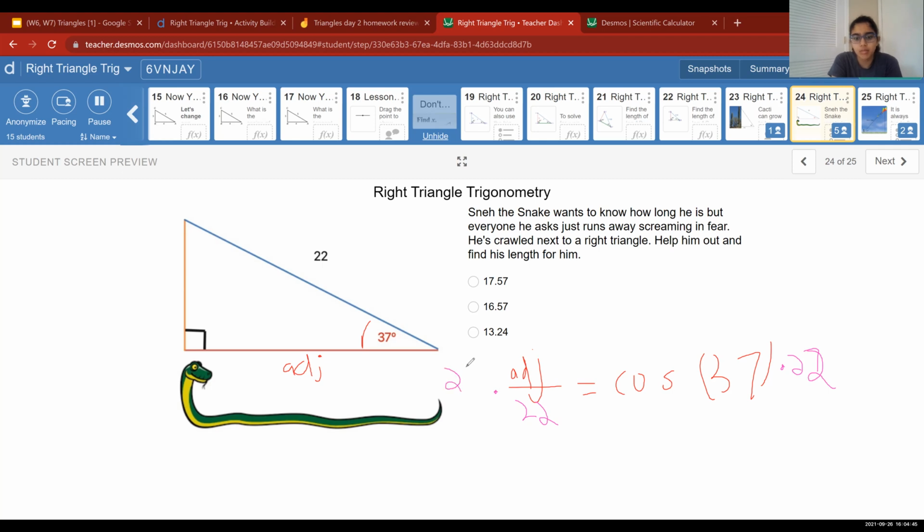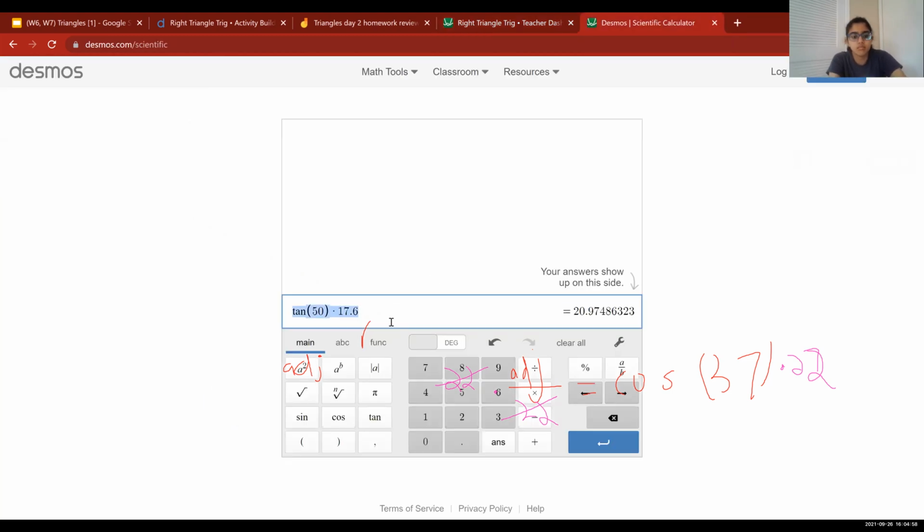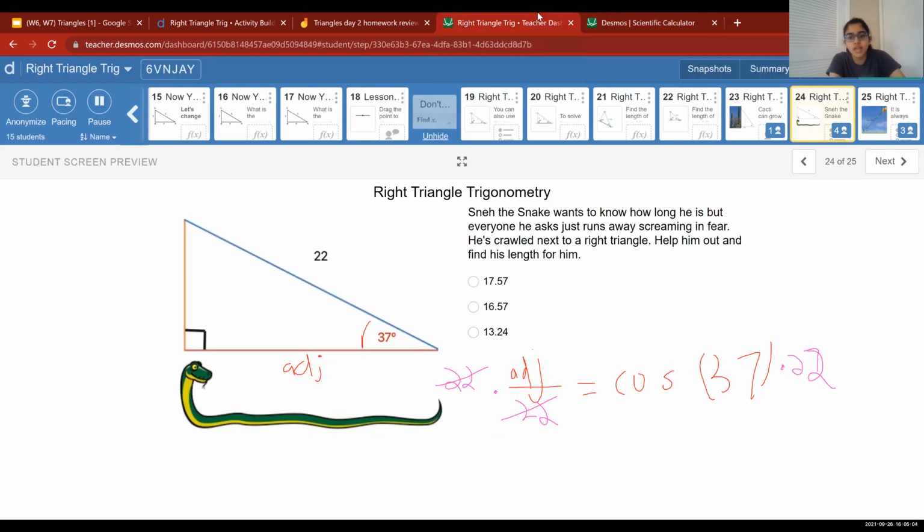The 22s cancel out, so we're left with adjacent, the side we're trying to find, is cosine 37 times 22. Now we can go to a calculator, and we get cosine of 37 times 22, and you should get 17.5699, or 17.57. So our answer would be A, the first choice.